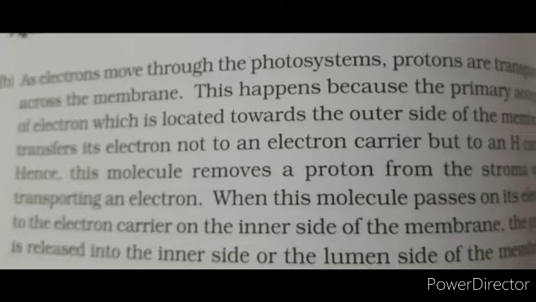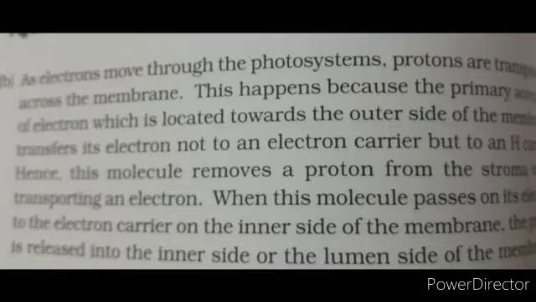In the second step, the electrons move through the photosystems. Protons are transported across the membrane. This happens because the primary acceptor of electron, which is located towards the outer side of the membrane, transfers its electron not to an electron carrier but to a hydrogen carrier.